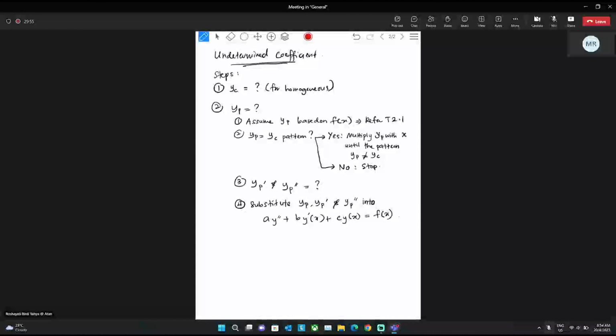Okay, and then obtain C, D by equating coefficient.